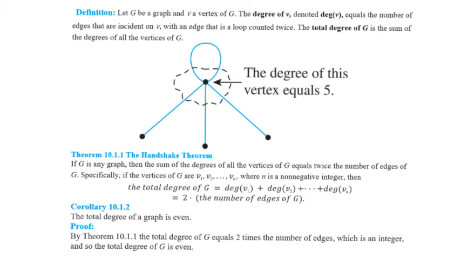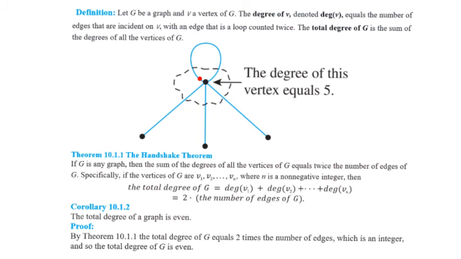So let's see this figure. We have a graph of vertex size 4, and let's assume that we are going to find the degree of this vertex. As you see, there is one edge incident on this vertex. There are two, there are three, and there is a loop that is incident on this vertex.